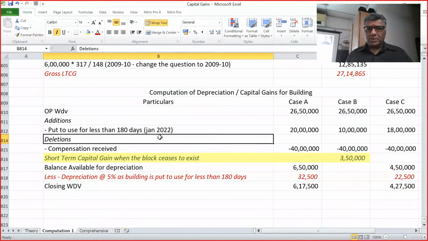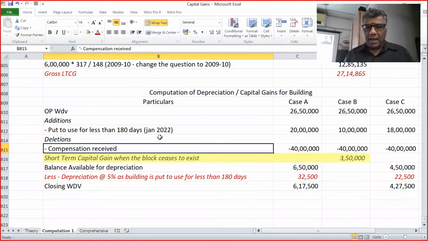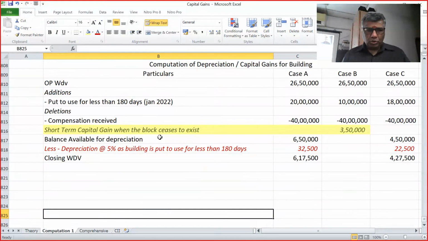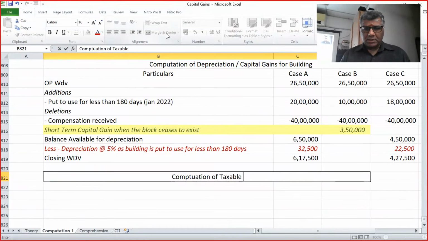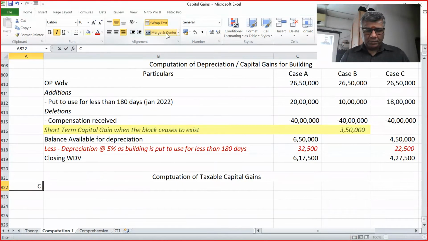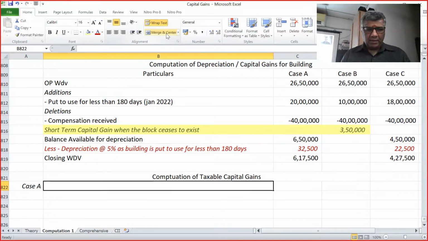May I progress? Because now only the main answer comes. Okay. Computation of taxable capital gains. Let me go to case A.